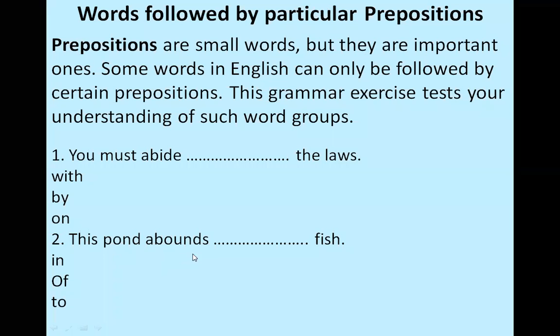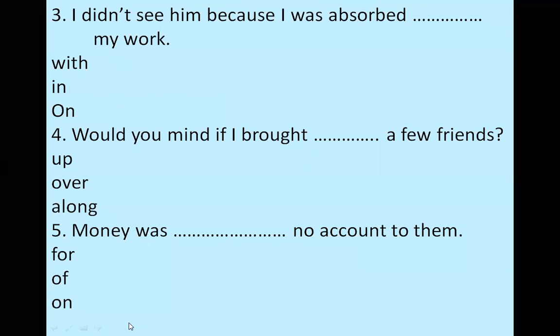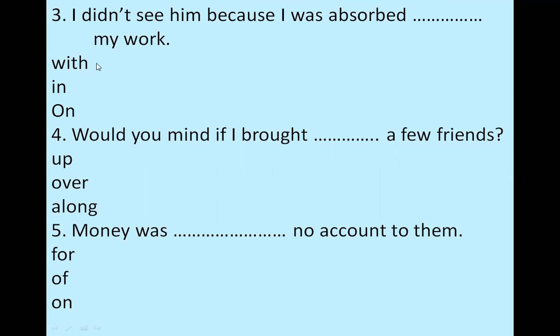This pond abounds dash fish. Abounds in, abounds of, or abounds to. I didn't see him because I was absorbed dash my work. Again, you have to opt for the appropriate preposition: with, in, on. Next is, would you mind if I brought dash a few friends?